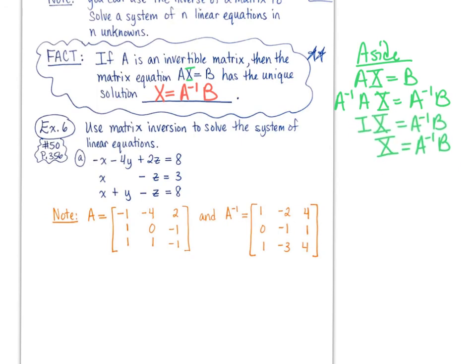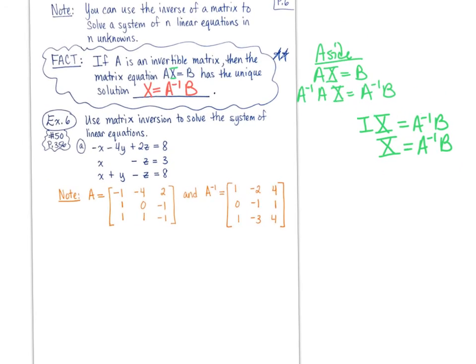So we are going to use matrix inversion to solve the system of linear equations. Here, A is equal to this system of linear equations. Note A is just the coefficient matrix.